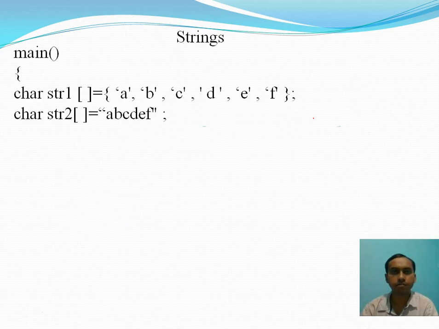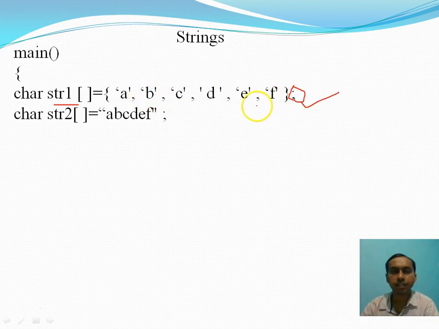So see one more program on strings. We are writing A, B, C, D, E, F, and there is a semicolon. So this is char str1, means string 1 is a character array, and the size we have not written. So we can write A, B, C, D, E, F by character, and at last a semicolon.